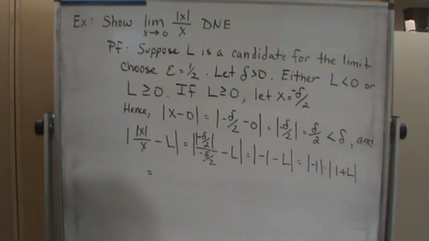Well, the absolute value of negative 1 is 1, and since L is non-negative in this case, we can drop the absolute values.